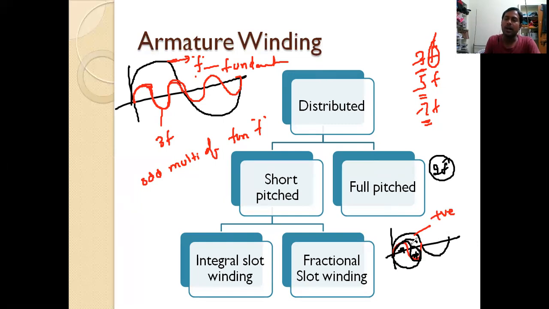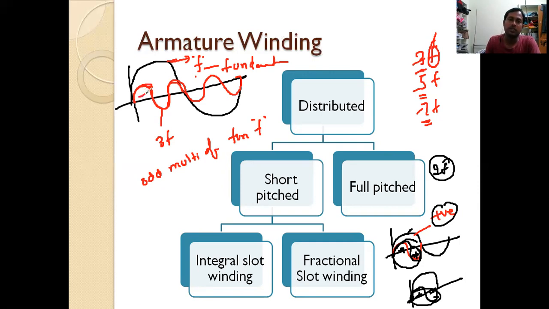Both are within only the positive half cycle of the main fundamental frequency. In that positive half cycle, positive and negative both will be present, and both will be equal and opposite, so they will be automatically cancelled and eliminated, so only odd harmonics will be present.